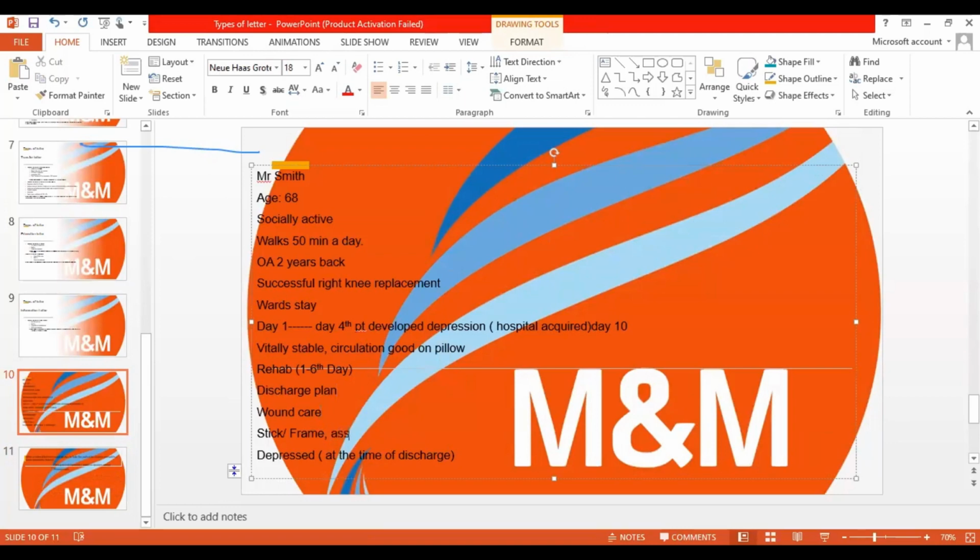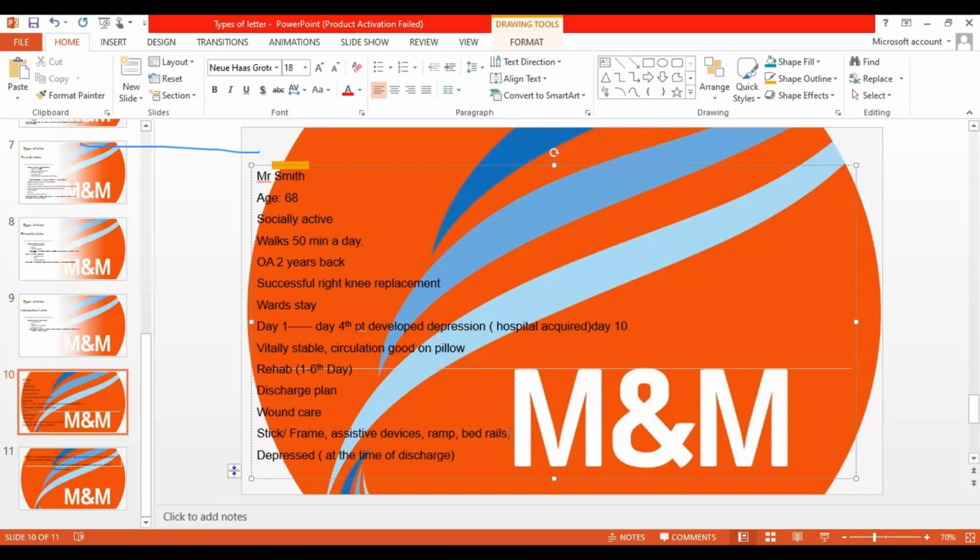So we can add the assistive devices, for example. We can add the ramp, for example. We can add the bed rails, for example.